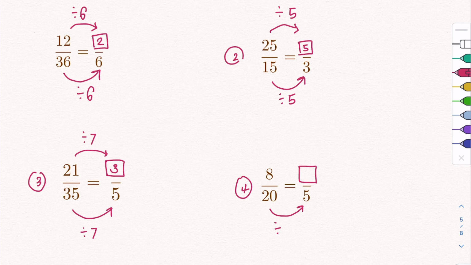The answer is 4, because 20 divided by 4 equals 5. And that means that we need to divide the numerator also by 4. And 8 divided by 4 equals 2. And this means that 8 over 20 is equal to 2 over 5, and that these two fractions are equivalent.